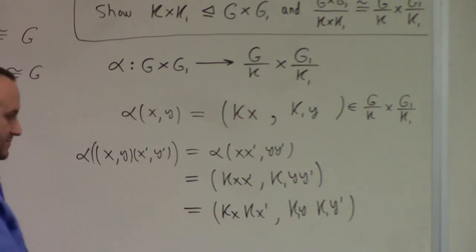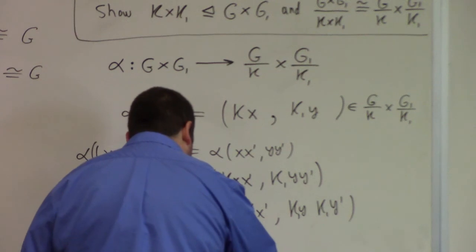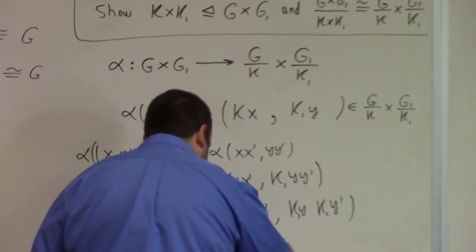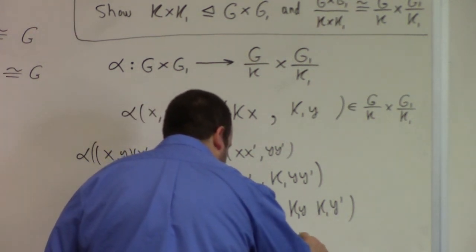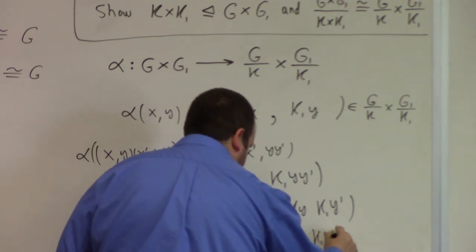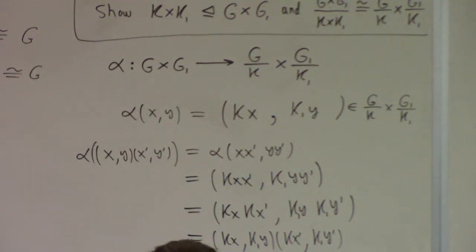And then what is that? Well, that's kx, k1y times kx prime, k1y prime. See, both the domain and the codomain are product groups. How do you multiply things in the product? Component-wise, right?